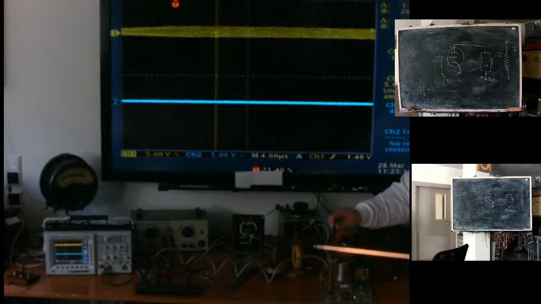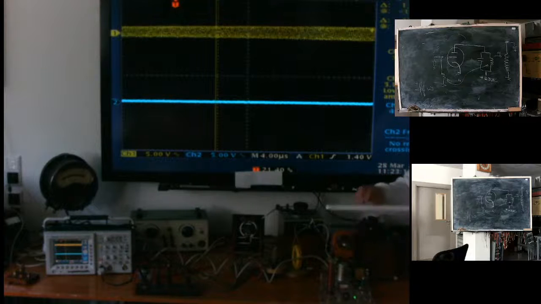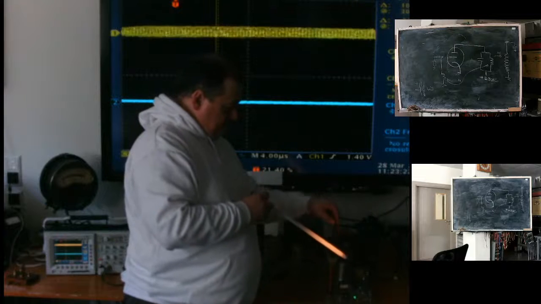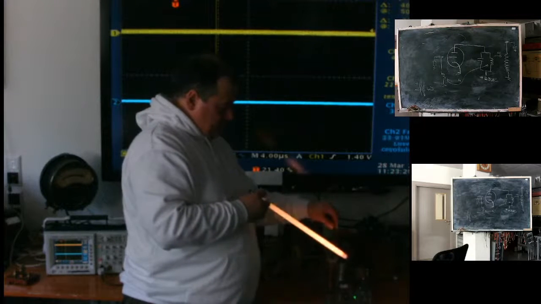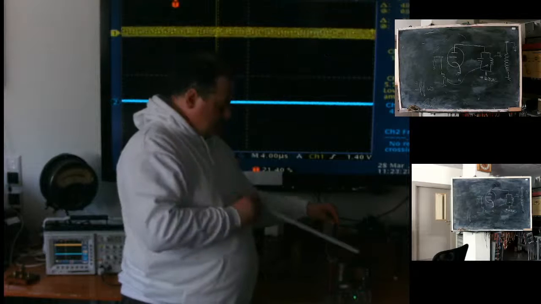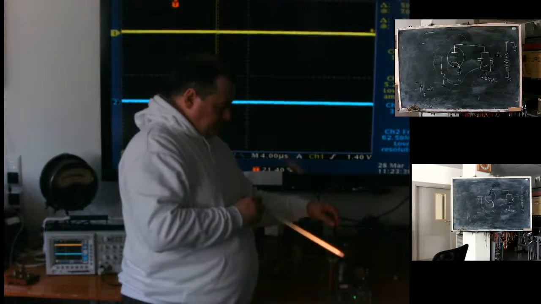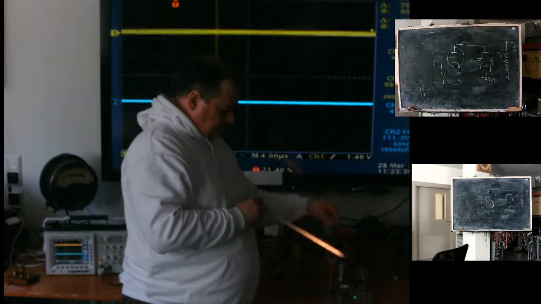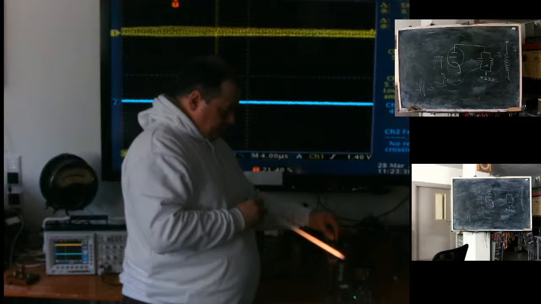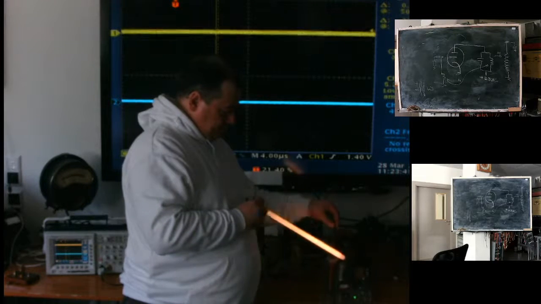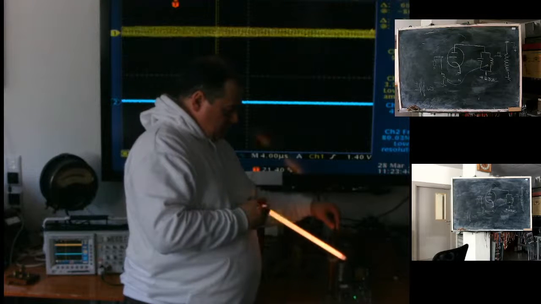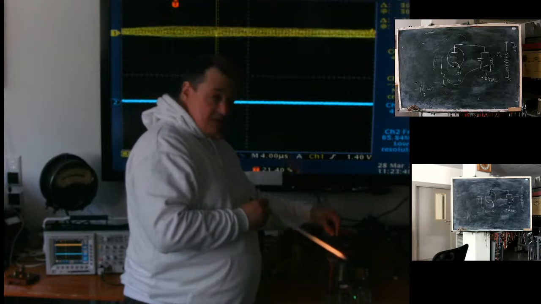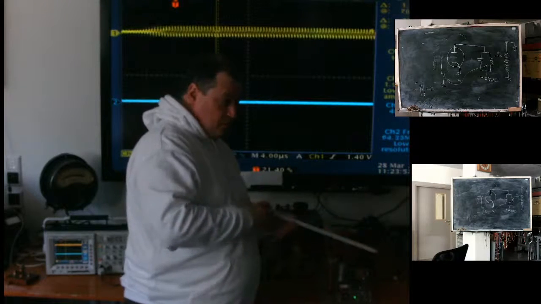A small piece of dark energy. It's dark energy, absolutely clear. I got no batteries here. Two points of resonance can be noted. They are well coupled, so the characteristic has two points, two maximums.